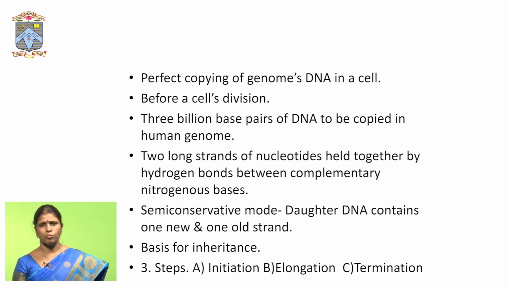If we take the example of human beings, each human cell consists of 3 billion base pairs of DNA. The two polynucleotide chains, as we discussed earlier, are held together by the hydrogen bonds between the complementary bases, that is A base pairs with thymine with 2 hydrogen bonds, and C base pairs with guanine with 3 hydrogen bonds and vice versa.